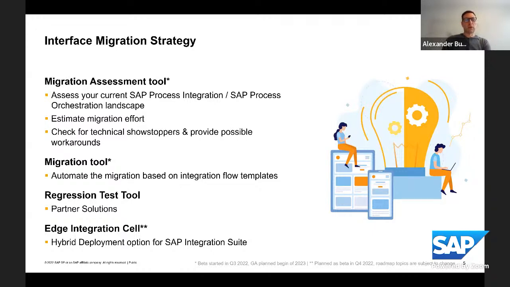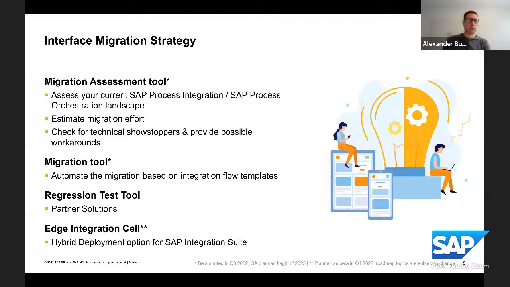And the migration tool is embedded in the integration flow designer. So if you enter the package, you would see a migration button, and from there you can start a migration, and the wizard would open, which guides you through the migration of your scenarios, right? And in the end, it would automatically or semi-automatically generate an integration flow.